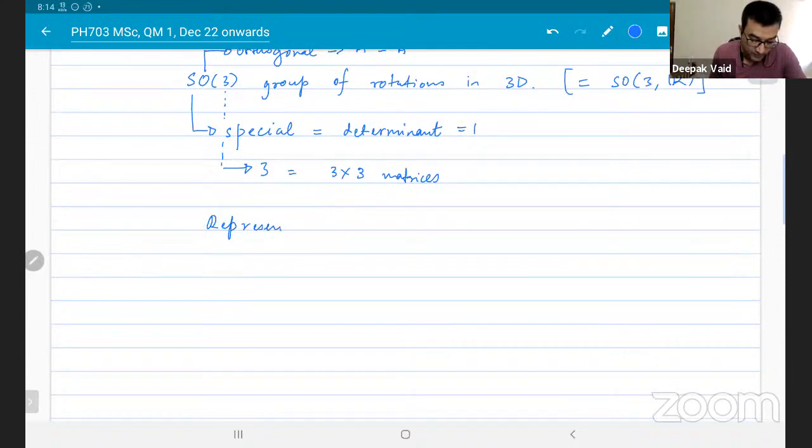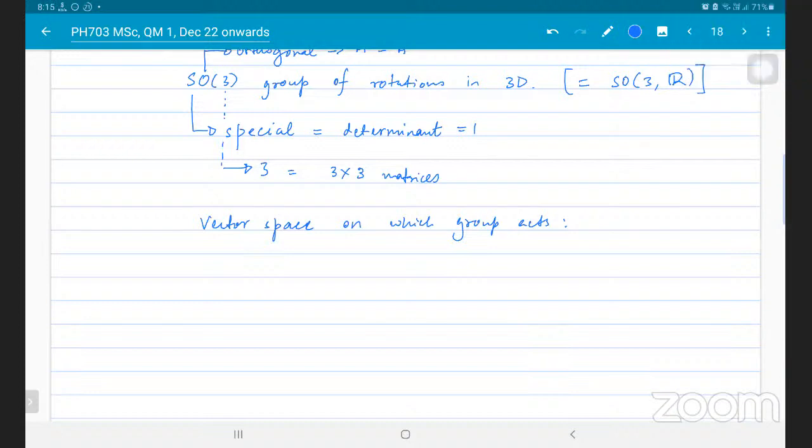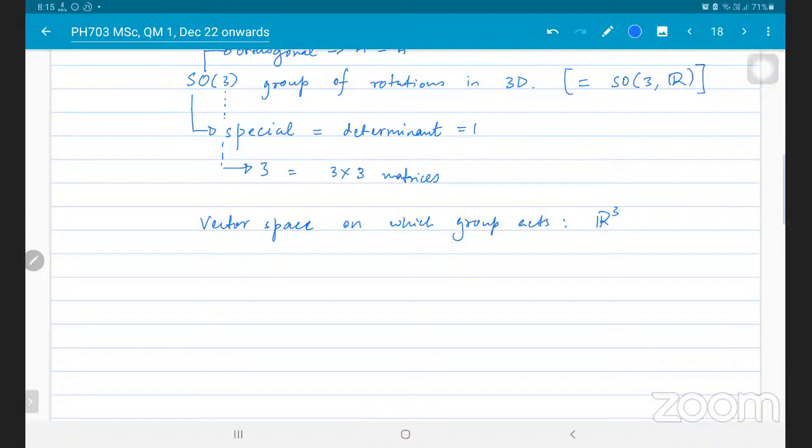So we pick a vector space on which the group will act. In our case, what is that vector space? SO3 will act on which vector space? Not JX, JY, JZ, but R3, the set of vectors X, Y, Z in R3.